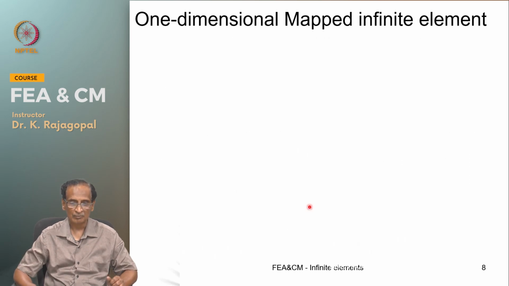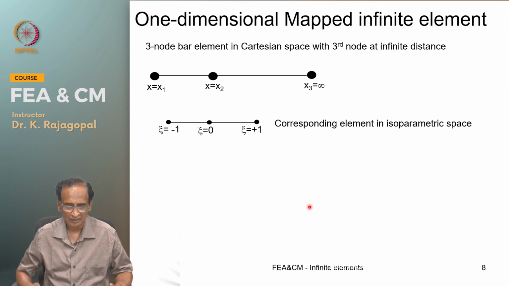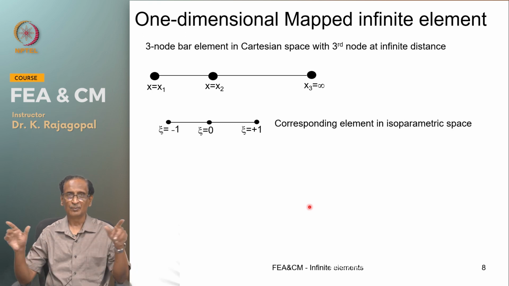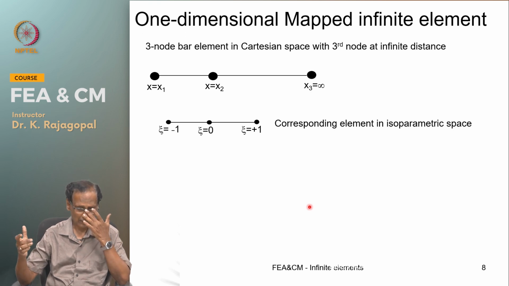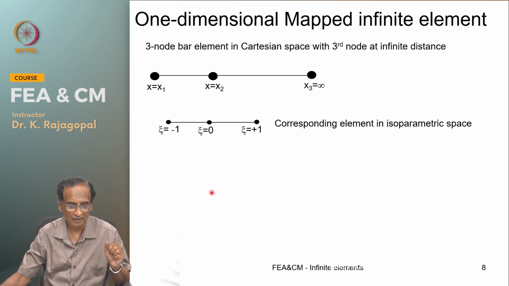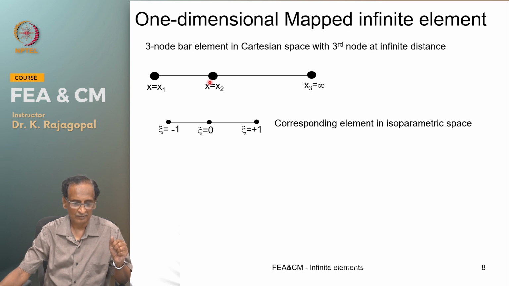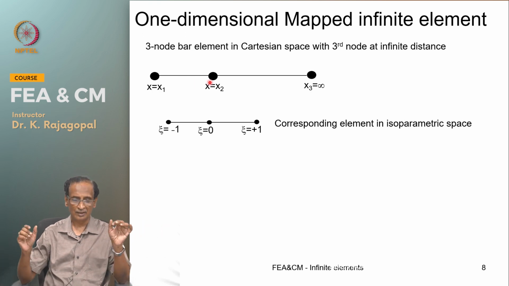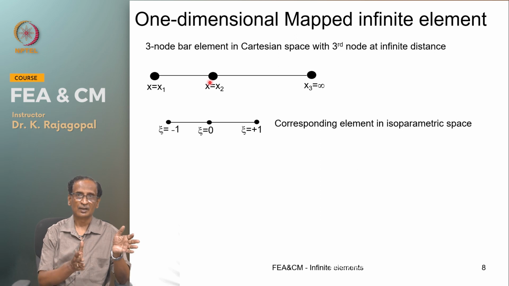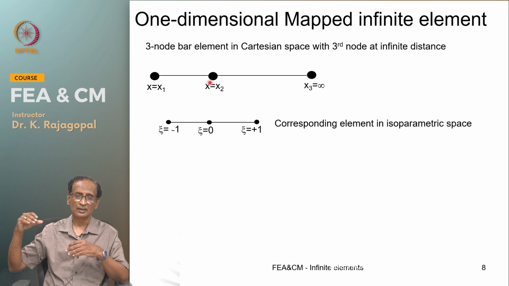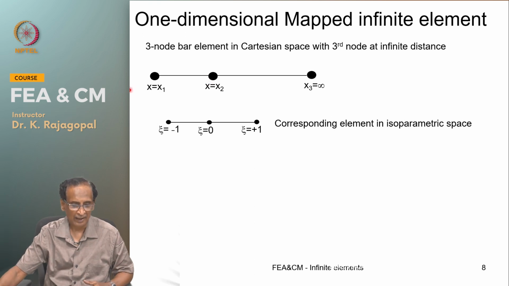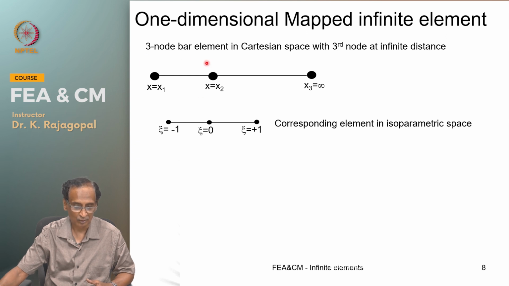Let us look at the one dimensional mapped infinite element to start with, because that is the simplest one. Let us take a 3 node bar element, an axial element, with 2 nodes at some finite distances x1 and x2, and let us say the third node is at infinite distance. x1 and x2 are the finitely located nodes, and x3 is at infinite distance.